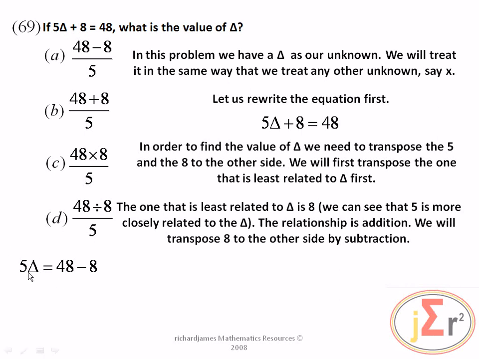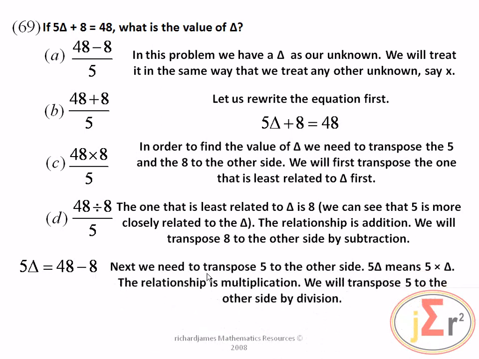So we have 5 triangle on the left hand side, and we have 48 minus 8. Next, we need to transpose 5 to the other side. 5 triangle means what? 5 multiplied by triangle. The relationship is multiplication. We will transpose 5 to the other side by division. So, triangle is equal to 48 minus 8 divided by 5. The answer is option A.